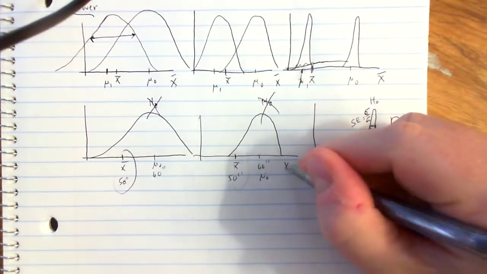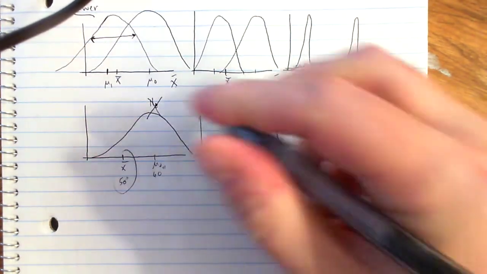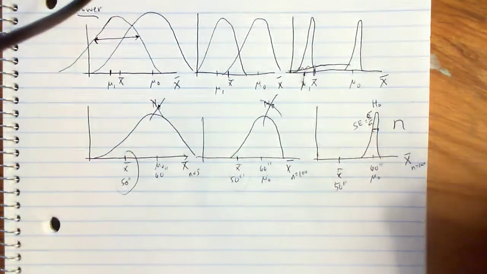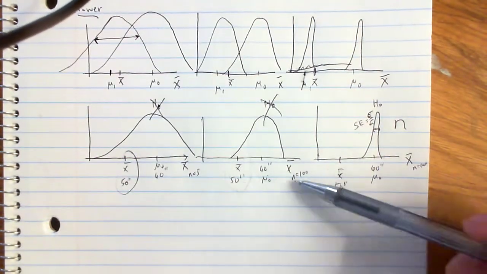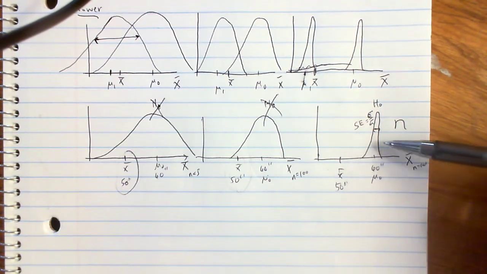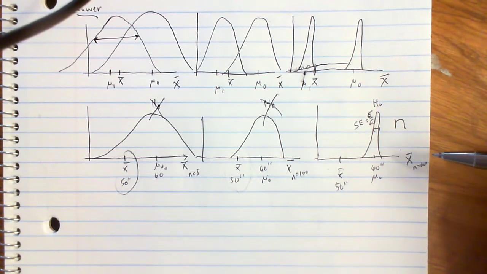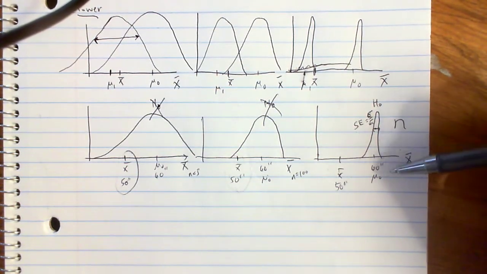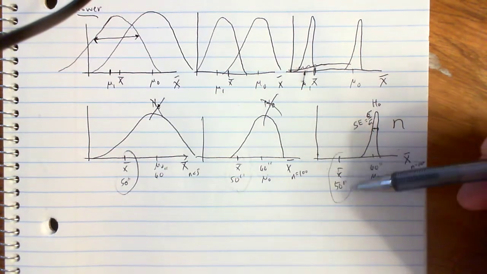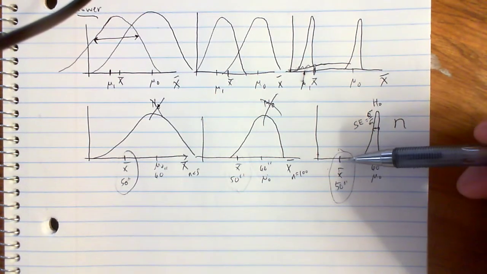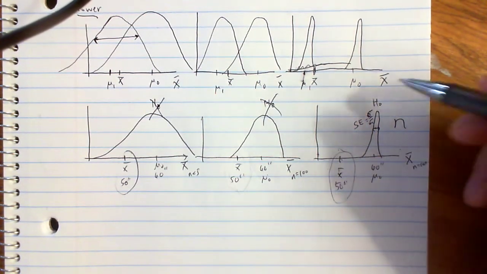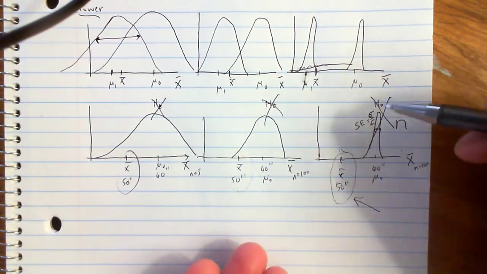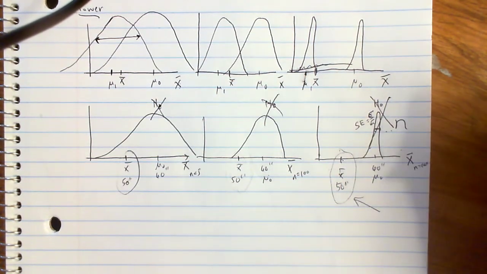Maybe here, this is x bar for n equals 100. Maybe this is the distribution if you only have a sample of 5, right? The larger your sample, the tighter the distribution, according to the central limit theorem. So if you measure your 50 inches from your grad student sample, can you look at that measurement and reject H0? Yes, because you would never see a measurement like this under that null hypothesis.